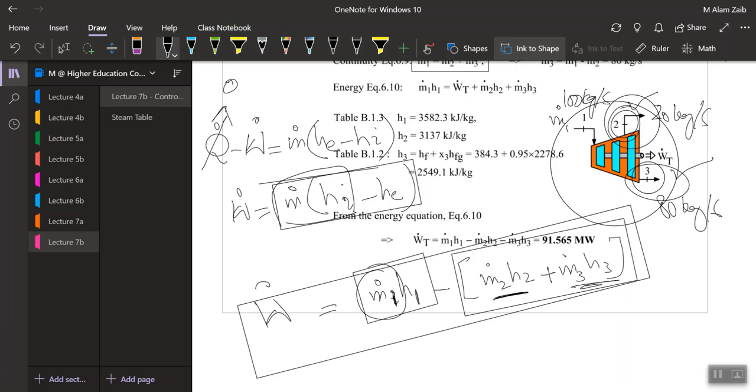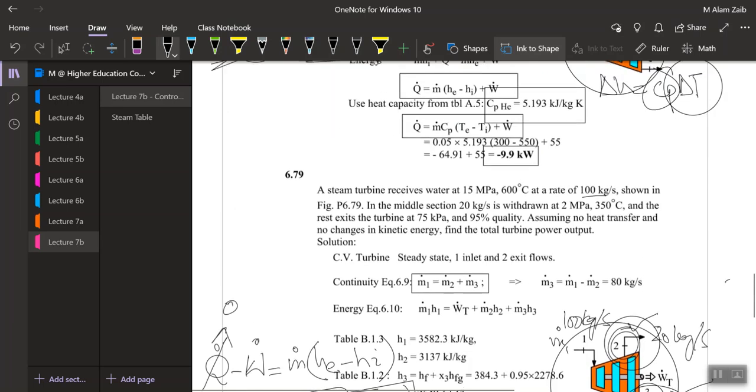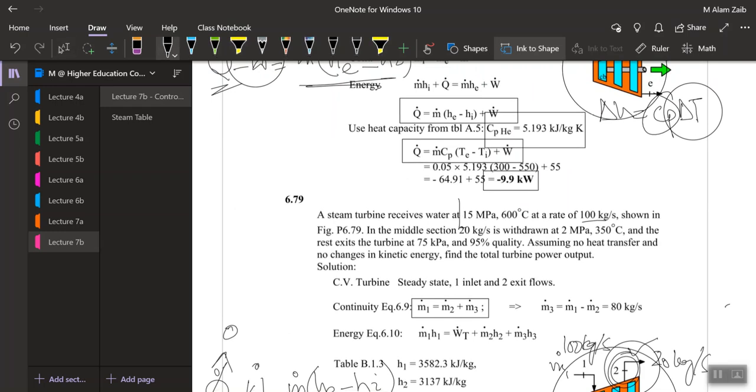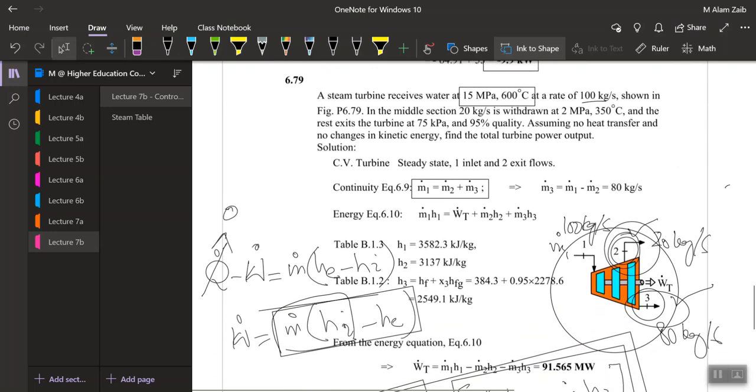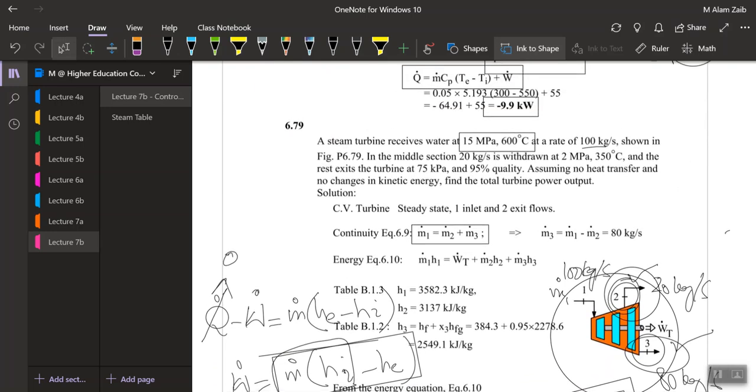m1 is given, which is 100 kg per second. For h1, at 15 megapascal and 600 degrees centigrade, looking at the steam table you will find it is in a superheated condition. Go to the superheated steam table at 15 megapascal, 600, and find the enthalpy.